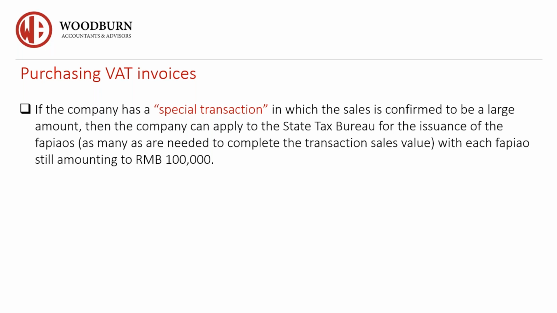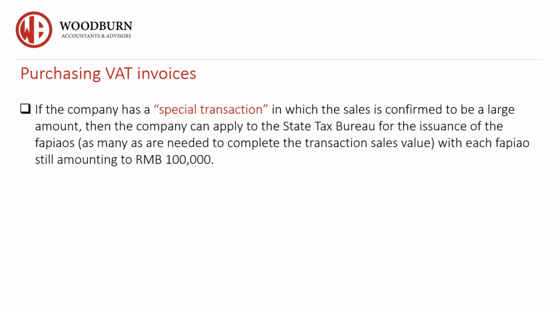Again, each sheet being 100,000 renminbi. Now, this sounds probably very daunting and overwhelming. Whether you are a domestic company or a foreign company, you have to go through this. Now, some critical information. When you register your company in China, you have to have a meeting with your district tax bureau within 30 days of your bank account opening.